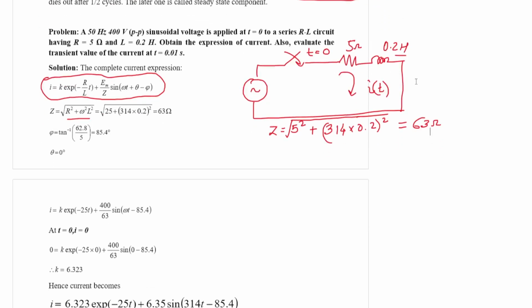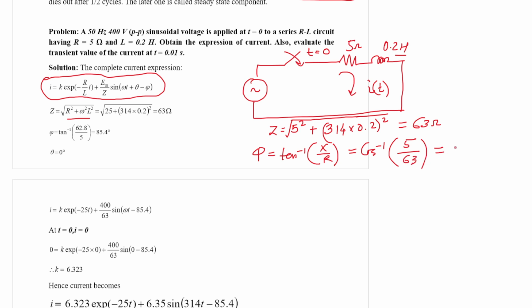From there, phi can be written as tan inverse of X by R, or cosine inverse of 5 by 63.